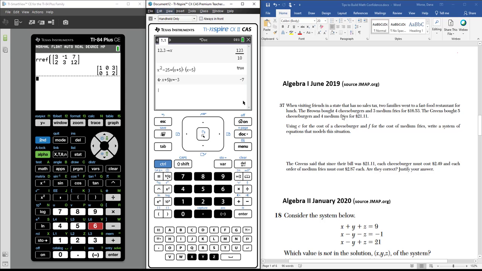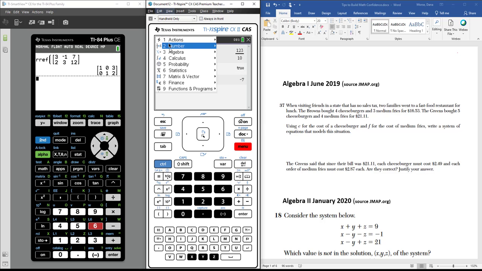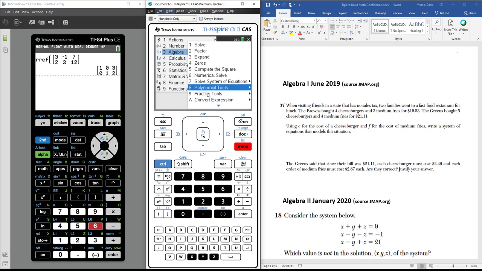The browns and the greens go and buy cheeseburgers and medium fries. 4 cheeseburgers and 3 medium fries equals a total of $16.53. 5 cheeseburgers and 4 medium fries equals $21.11. So on the Inspire, I'd go to Algebra, solve systems of equations.